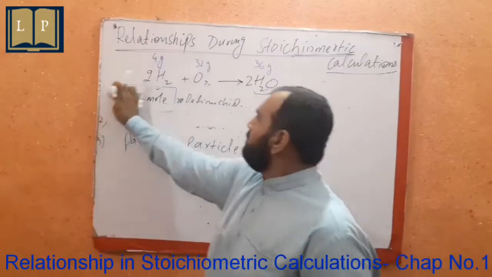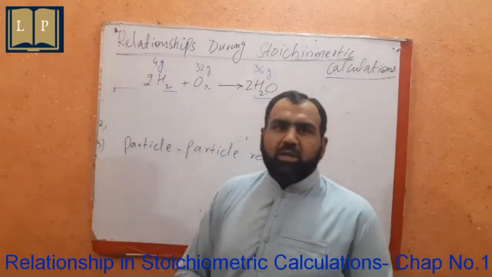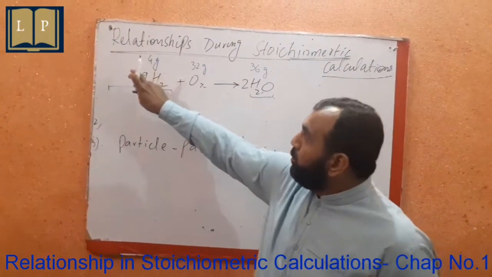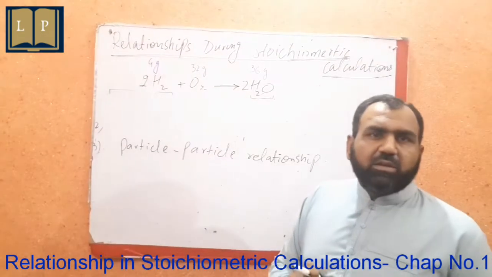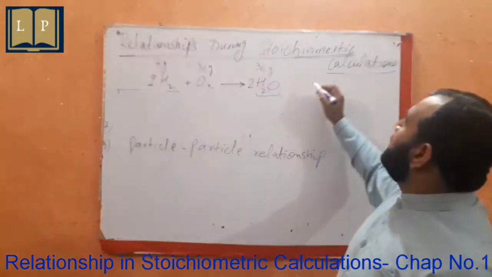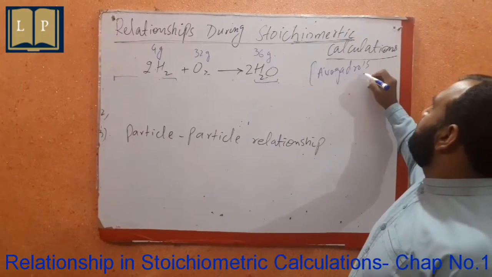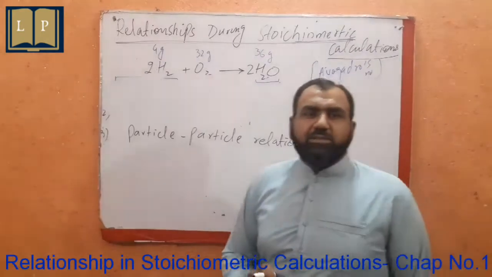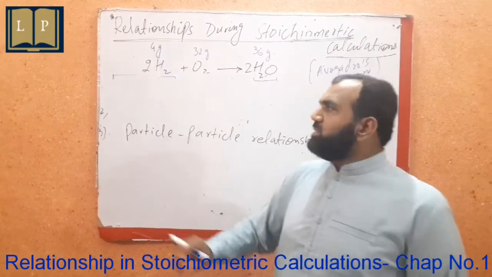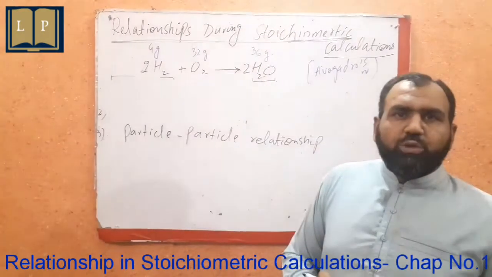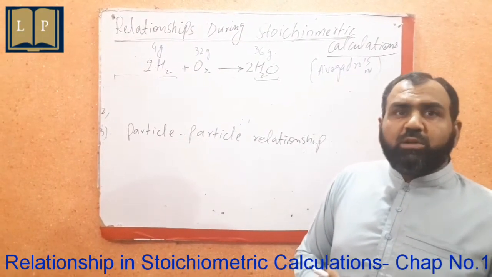Third, keeping in mind the moles, we have another important term, that is Avogadro's number. We all know that the number of particles in 1 mole of any substance is 6.022 × 10^23, which is Avogadro's number.